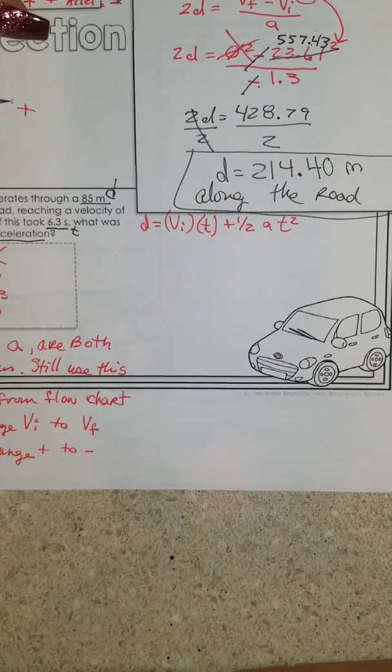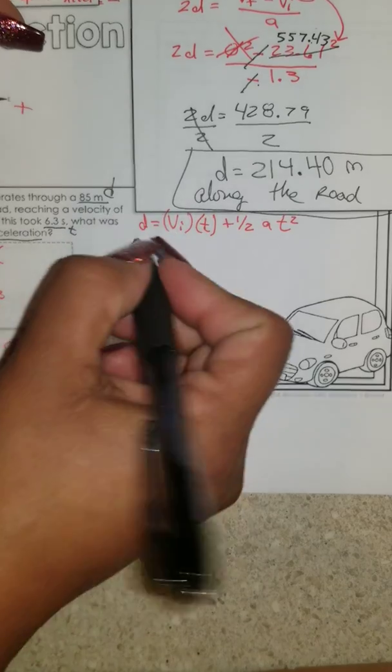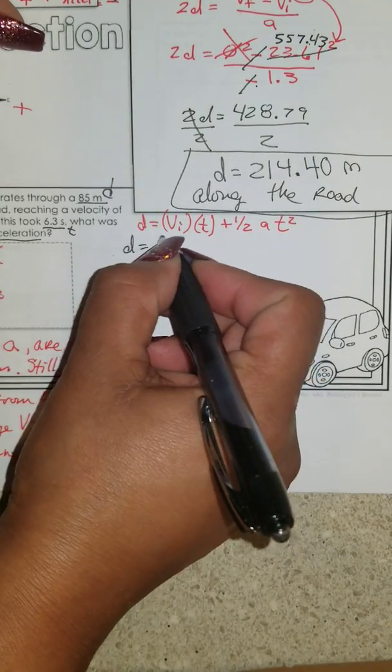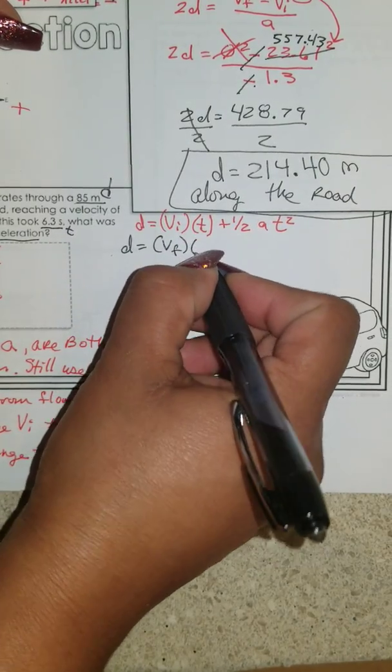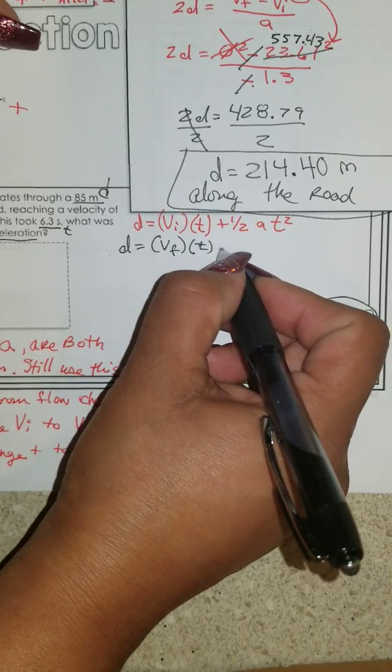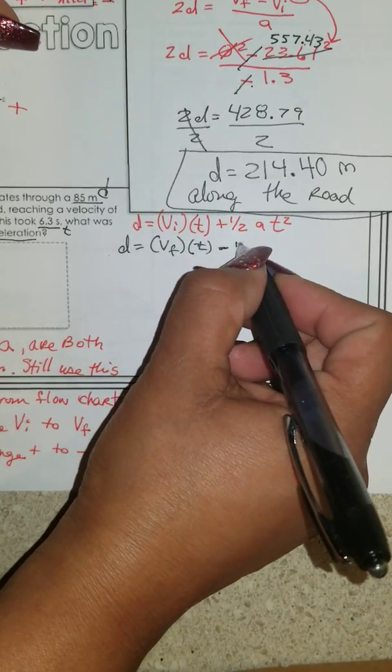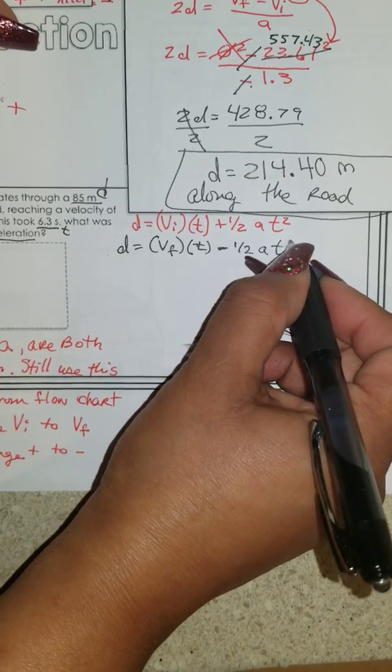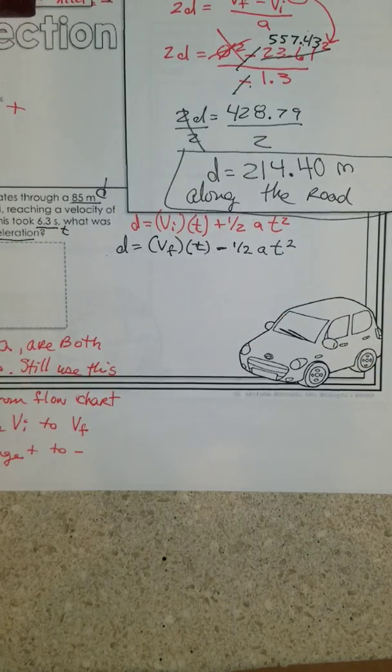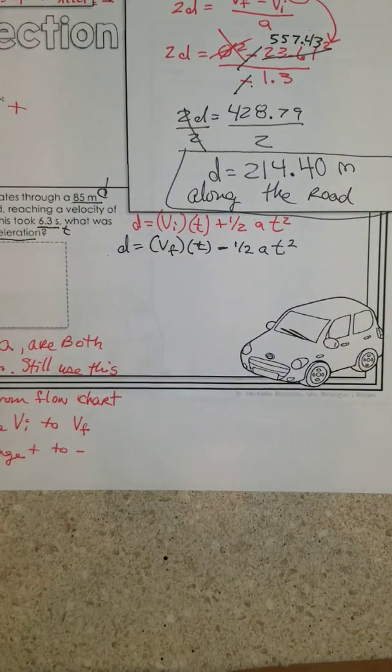So let me go ahead and rewrite the actual equation we're going to use now. D equals VF times T minus 1/2 AT squared. That is the equation we're going to use now, so we can go ahead and solve for this.